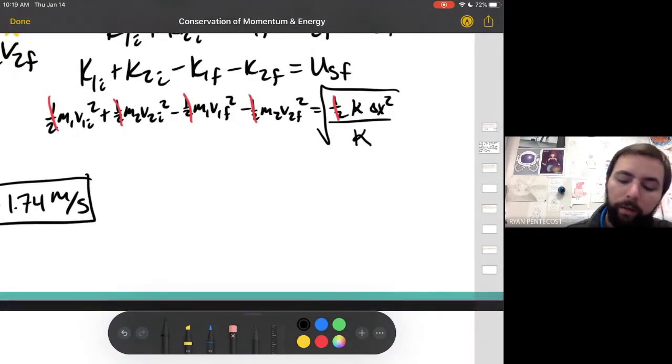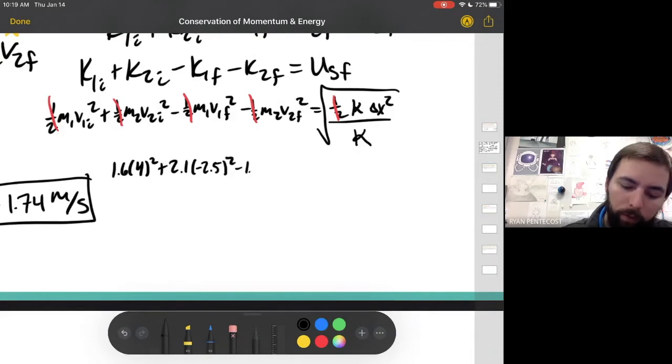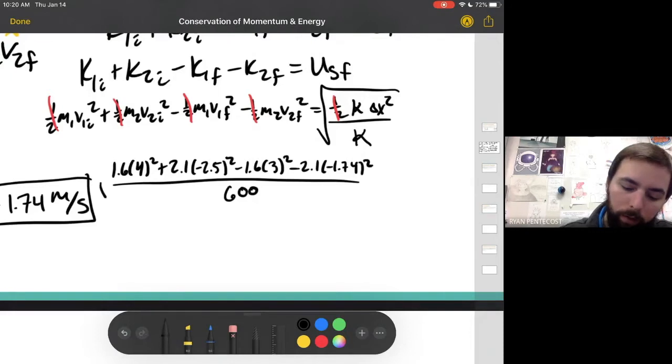I'm going to go ahead and use numbers. I'm running out of space here. So we've got 1.6 times 4 squared plus 2.1 times negative 2.5 squared minus 1.6 times 3 squared minus 2.1 times negative 1.74 squared, all divided by 600, all under a square root.